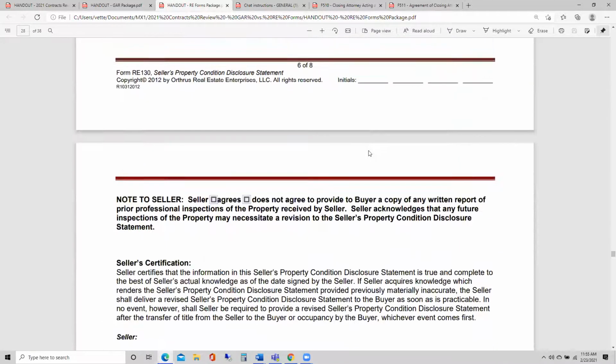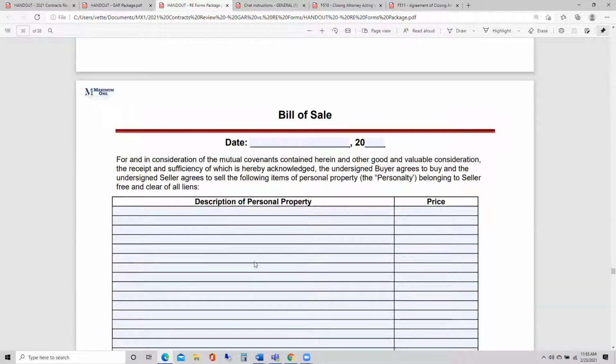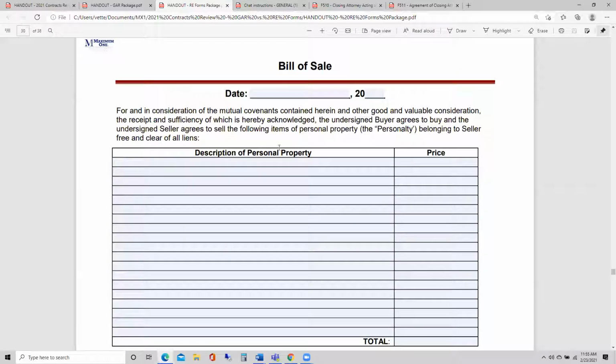If you go binding under the RE forms, you may want to consider using a bill of sale for those things such as refrigerators, so forth and so on.